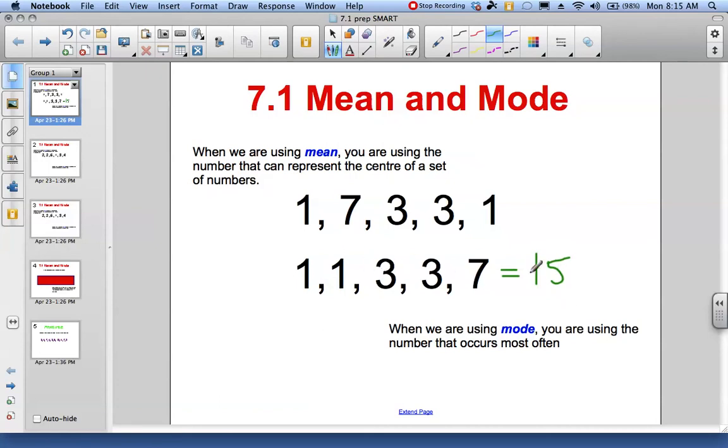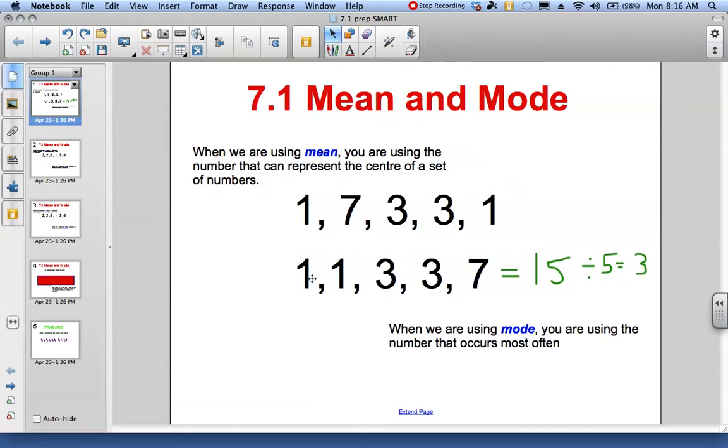I added them together and got 15, and then I look at how many numbers are there: 1, 2, 3, 4, 5. If I divide that by 5, that gives me my mean, which in this case, 15 divided by 5, is 3.